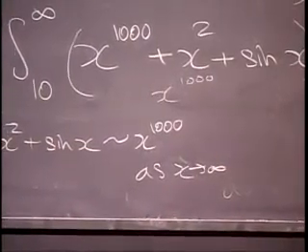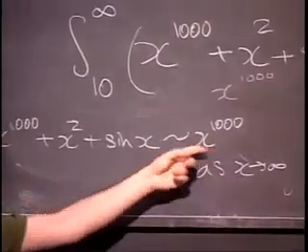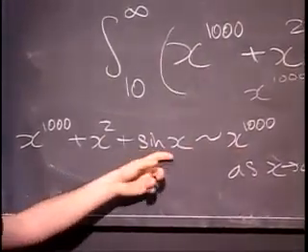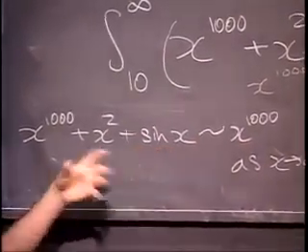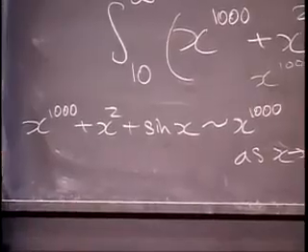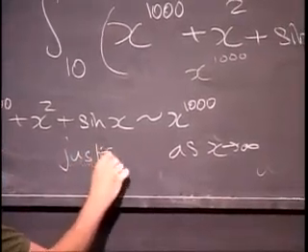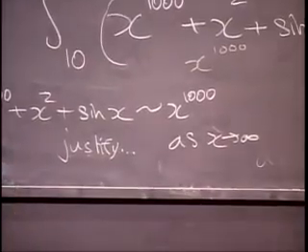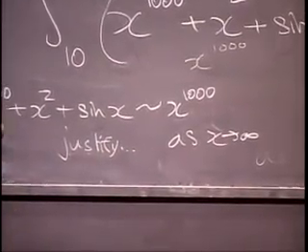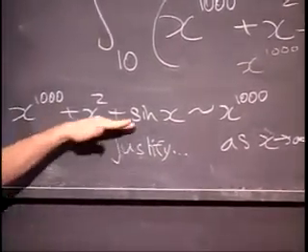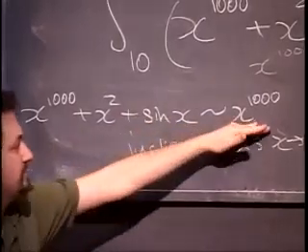Yes. If you want to prove this, divide by x to the 1,000 and use the sandwich principle on this. There's some justification, but it's exactly the same as we did before, except for slightly different numbers. So you've got to justify that.